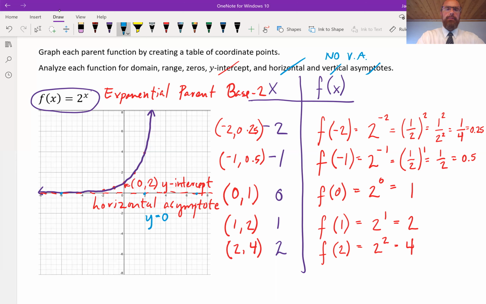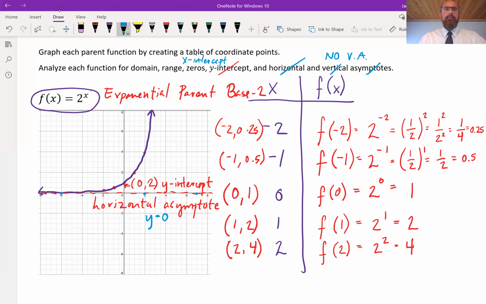Now, one of these other items, we've got domain, range, and zeros left. One of those is tied to the fact that there is a horizontal asymptote. Remember, a 0 is what we would call an x-intercept. We saw that on the x-axis, that's how we named that line. All the y values are 0. That's what we call zeros. It's where the graph crosses the x-intercept or the x-axis.